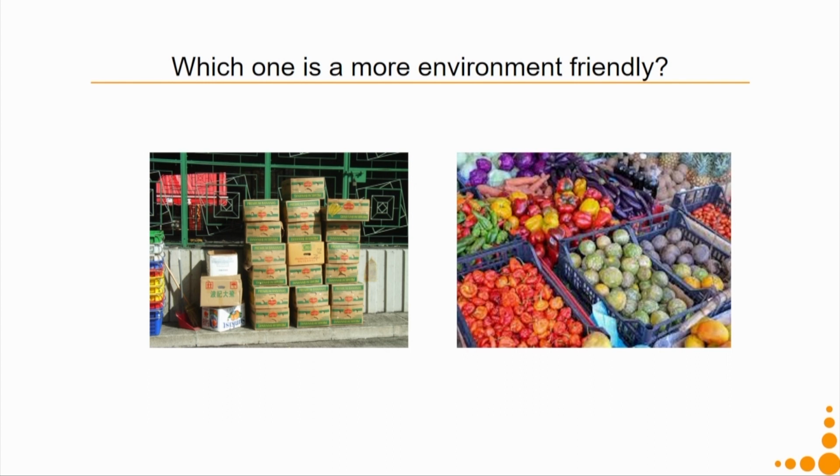If I ask you, I can transport fruits and vegetables using my first option, which is paper crates. These are recycled paper. This is my other option, in which I can use plastic crates. Which one is a more environmentally friendly solution? You might assume that because this is recycled paper, this is more environmentally friendly than the second case, which is using some kind of plastic.